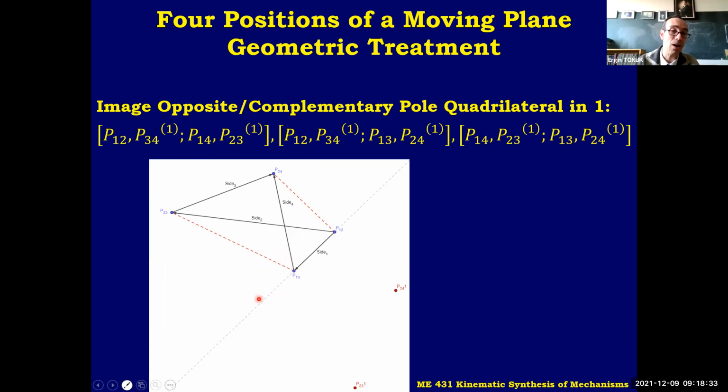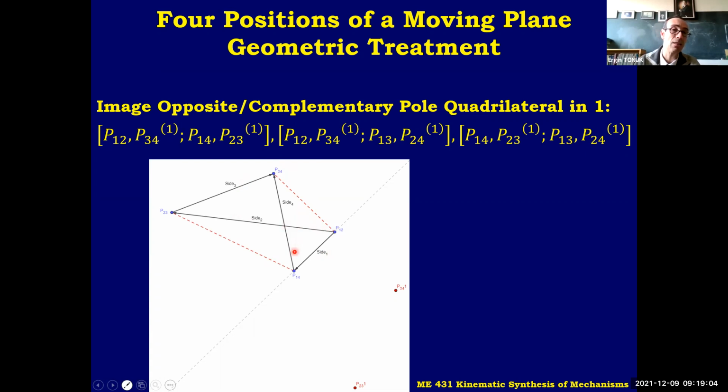We take side 1 and mirror these poles like this, okay? So it's similar to pole triangle. In pole triangle as well, for example, if you have pole 2, 3, and if you would like to determine its location in position 1, you were taking its mirror image with respect to side 1. That's why labeling the sides are important.